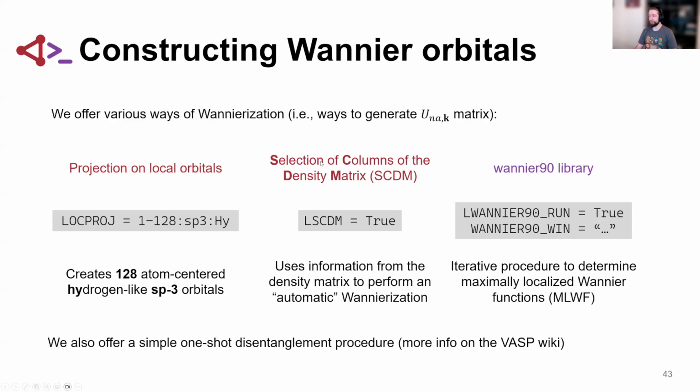You can also use a more automated approach that we have introduced in VASP, which is the selection of columns of the density matrix approach, or SCDM approach for short, which you can actuate via LSCDM equals true. That will find useful information in the electronic density matrix and extract this information that will give you a very localized representation of your orbitals.